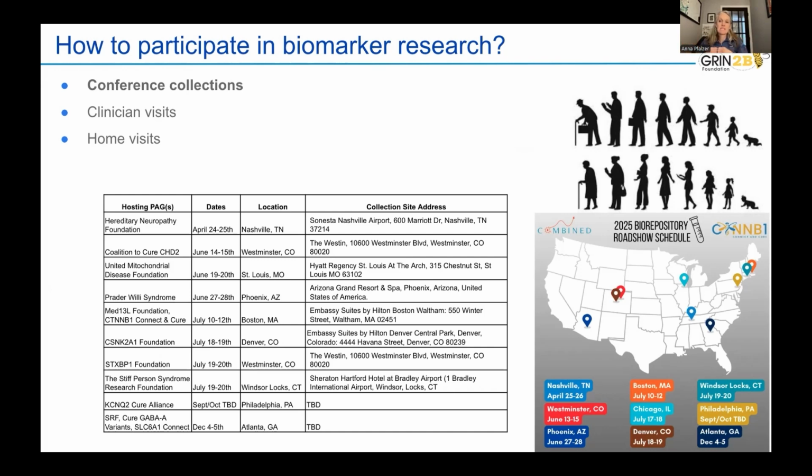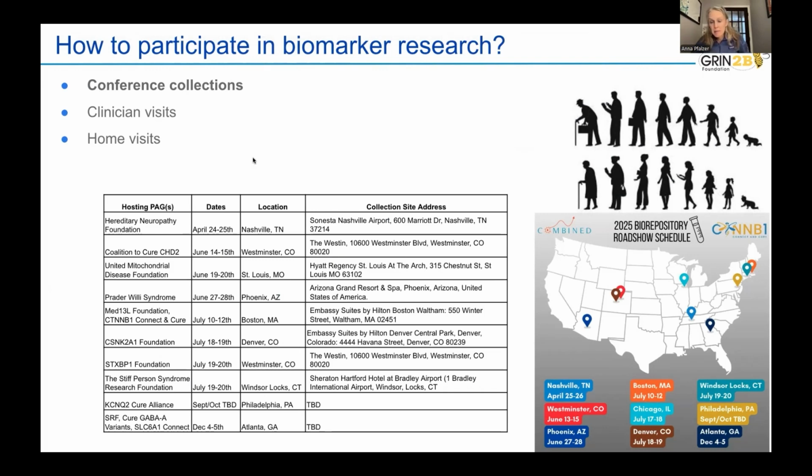So whether that is doing online interviews to do disease concept model interviews, or whether it's to participate in the development of biomarkers through biomarker research. Biomarker research in itself is almost entirely dependent on collecting samples from patients. And so how can people participate in this really important research?